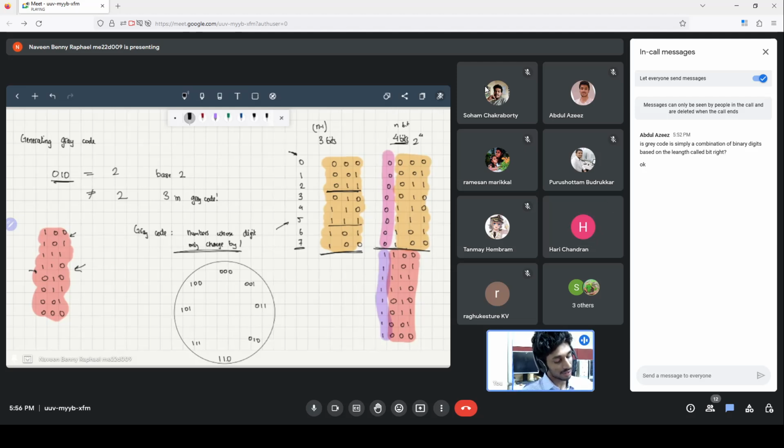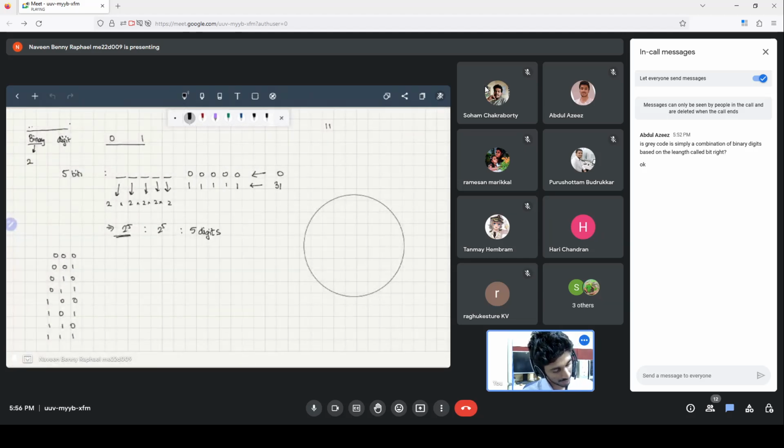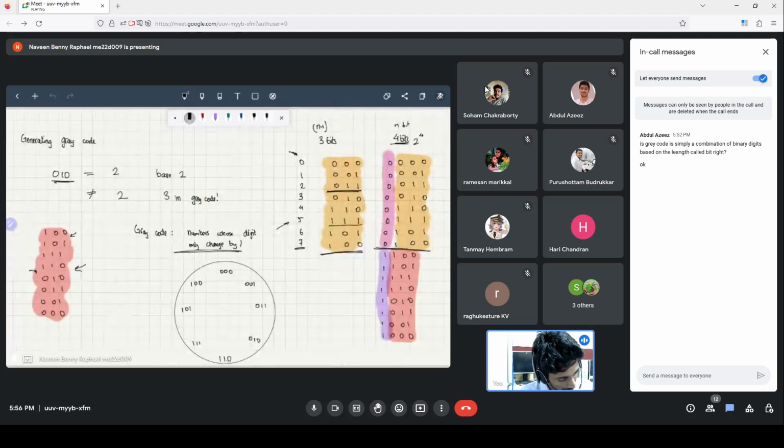The easiest way is if you have a disk and you put holes. We put holes and we close some of these holes based on the representation.